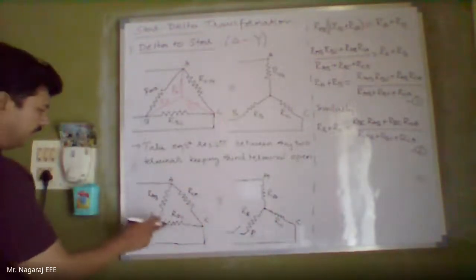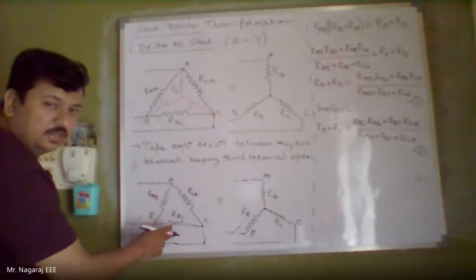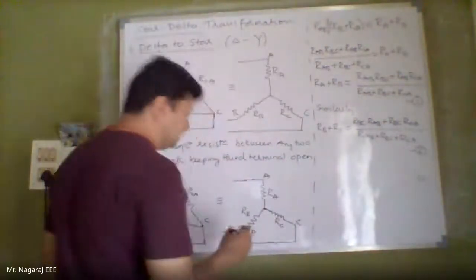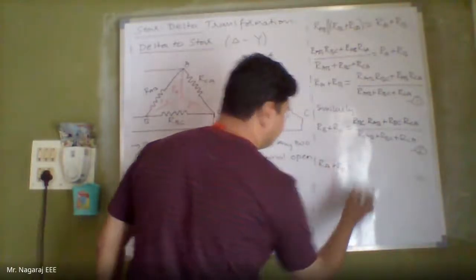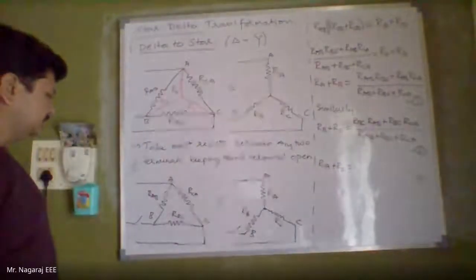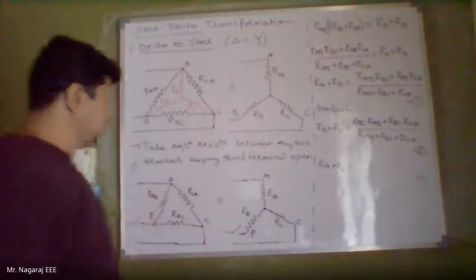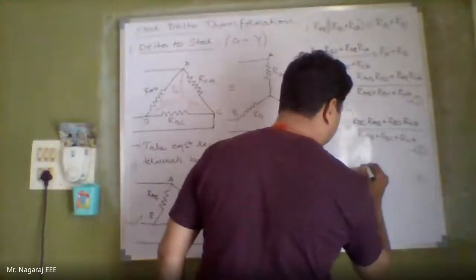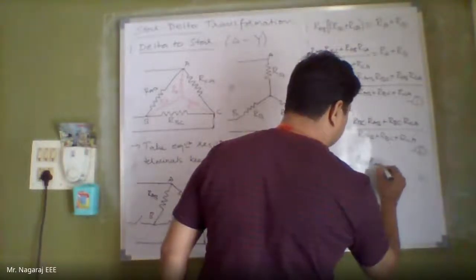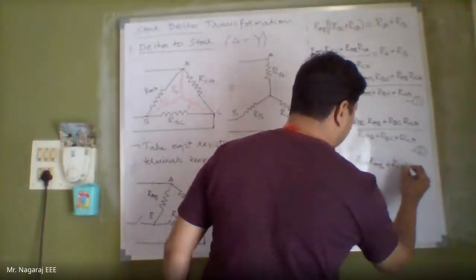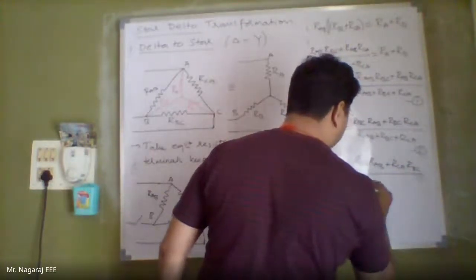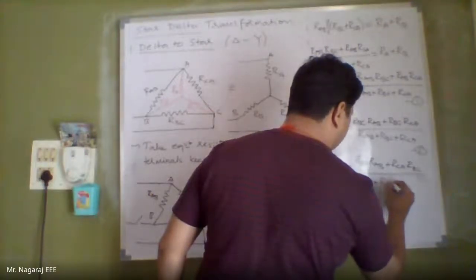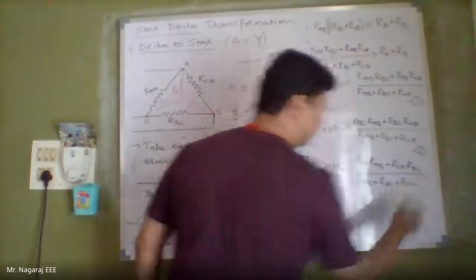Here, RAB and RBC will be in series, in parallel to RCA. So RA plus RC is equal to RCA into RAB plus RCA into RBC, divided by the sum of all, RAB plus RBC plus RCA.